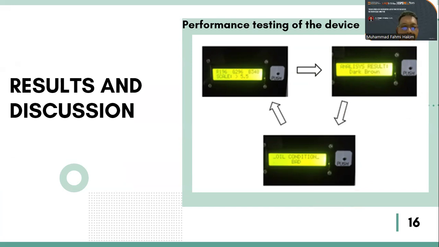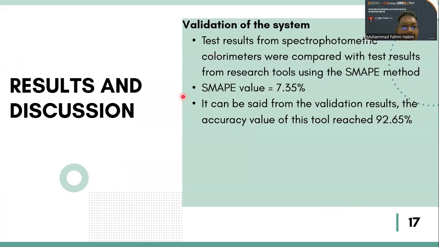And then the last step, validation of the system. The test results from the spectrophotometric colorimeters were compared with the test results from the research tool, or the prototype. We compare the results using the SMAPE method.